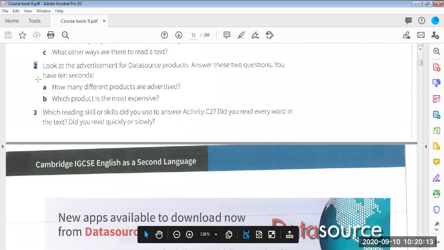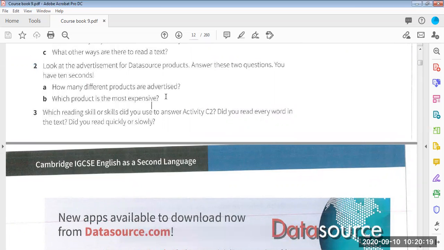For question 2b, which product is the most expensive? In this question, the keyword is most expensive. When we want to compare something with respect to money, we will go for the price.